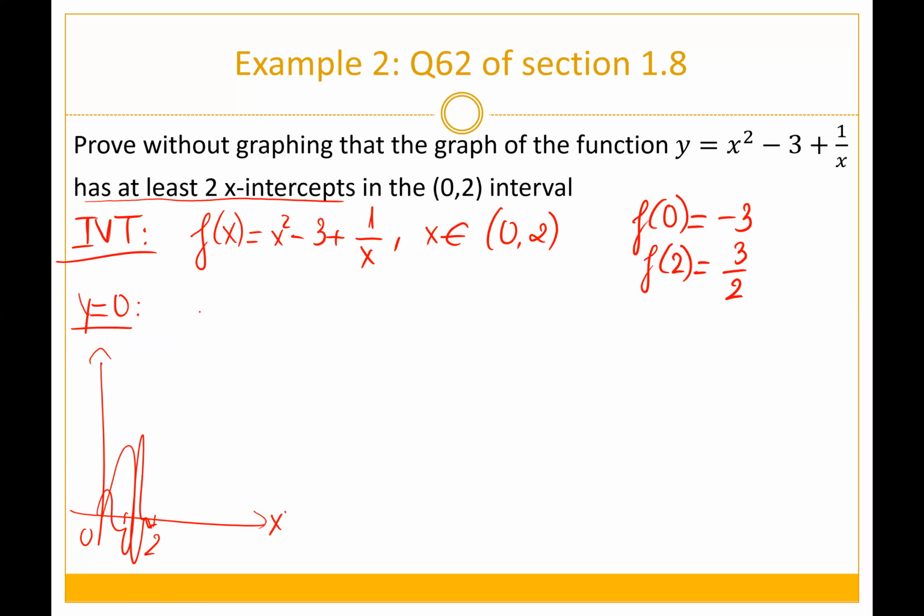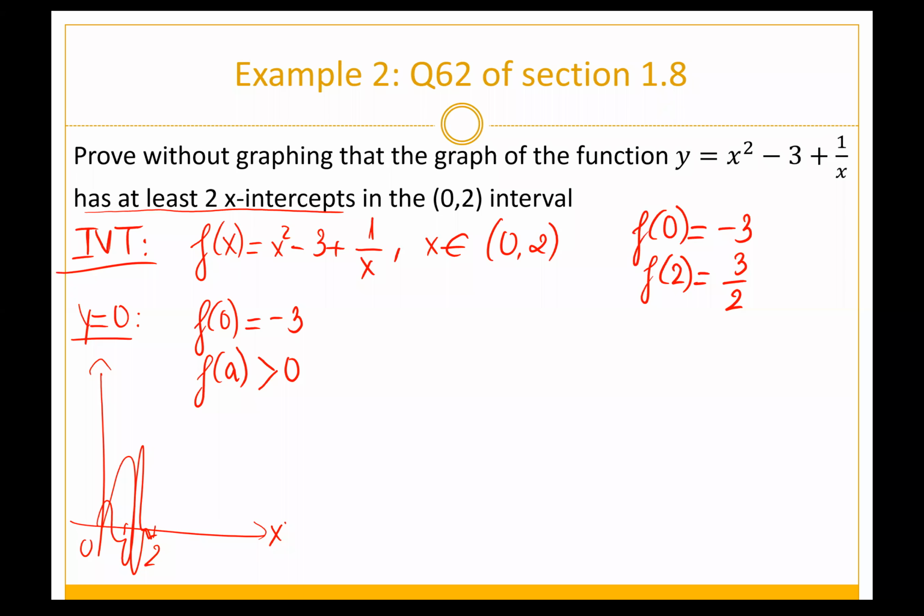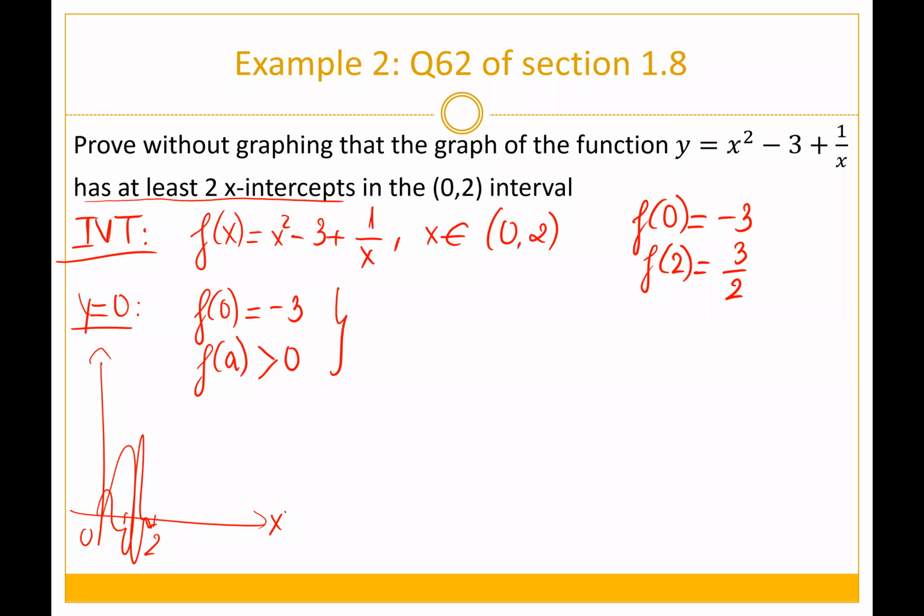So if you already have f of 0 smaller than 0, when you can find a value of a such that f of a is bigger than 0, then based on the intermediate value theorem, the line y equals 0 is between your f of 0 and f of a.